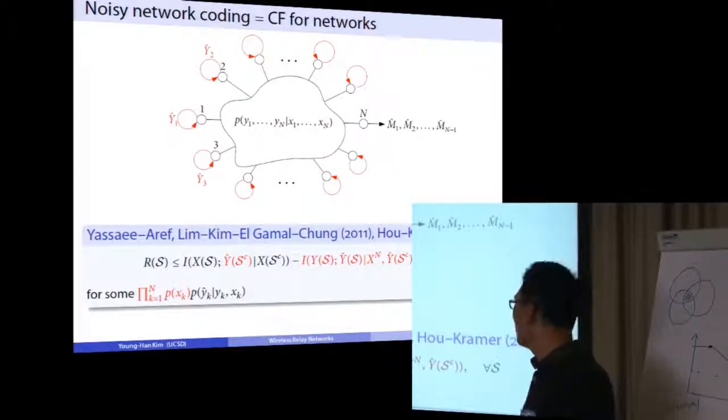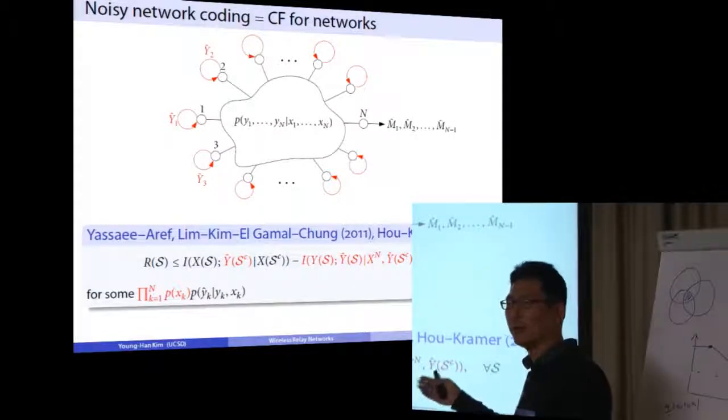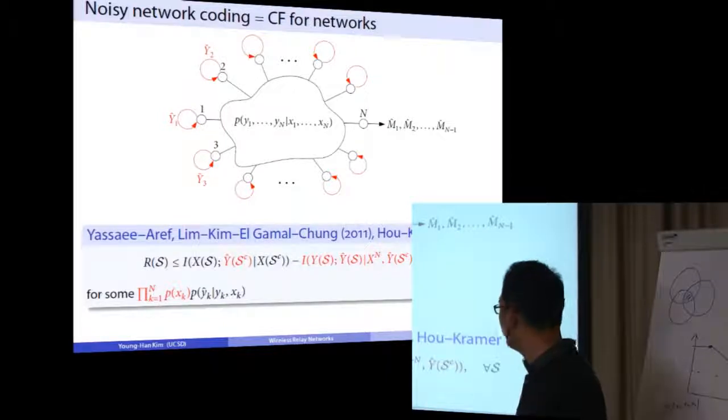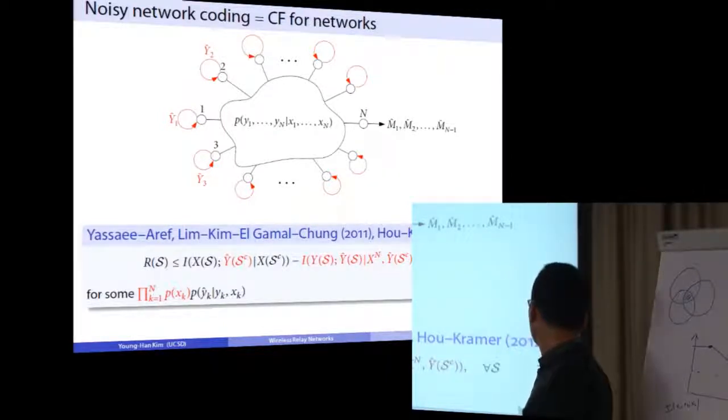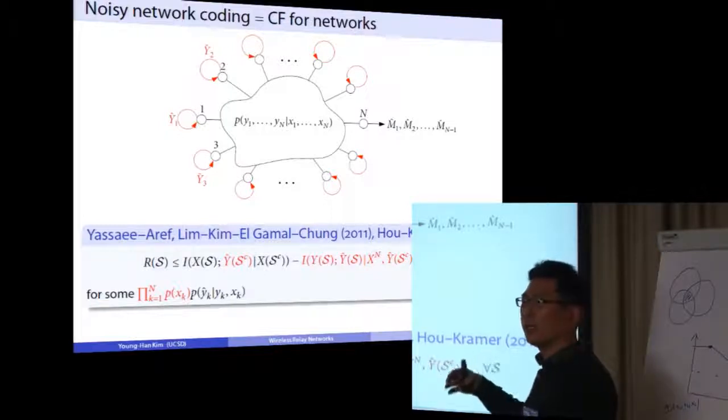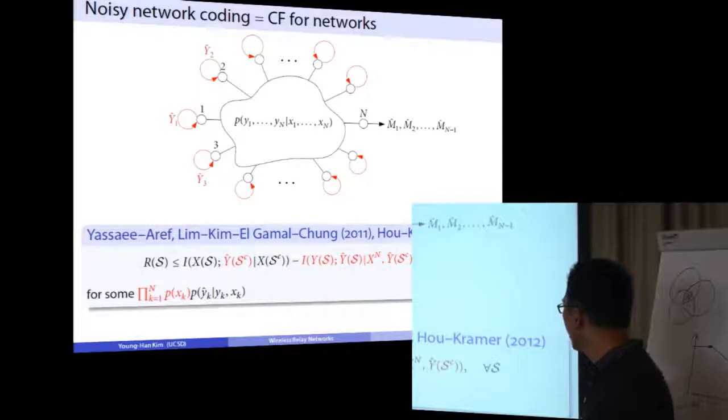And it turns out what they were doing was essentially the same thing with a different coding scheme, but achieving the same rate region. And then later, Ho and Kramer came up with a coding scheme that is, in some sense, conceptually much easier to follow. But they are again achieving the same rate.